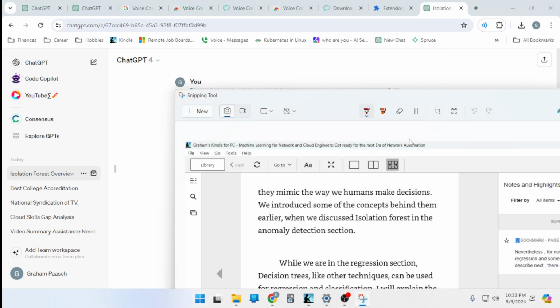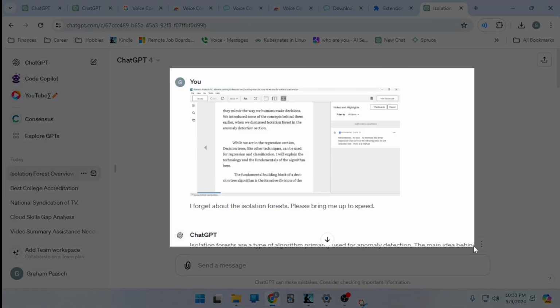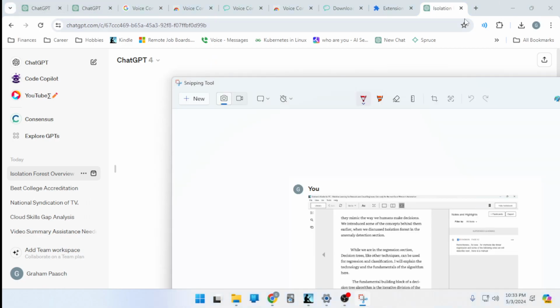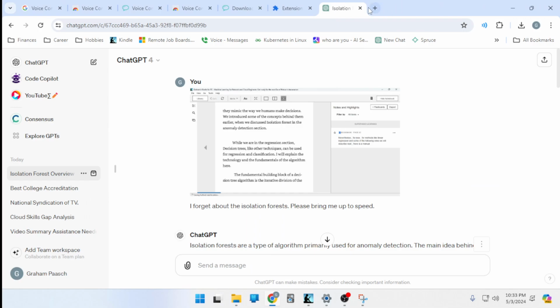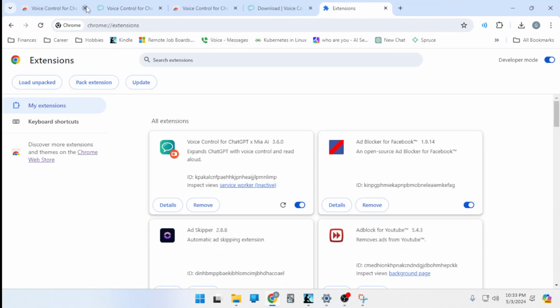I have to do it in a different tab. So let's take the screenshot here and then go and put this in now that the extension is installed.